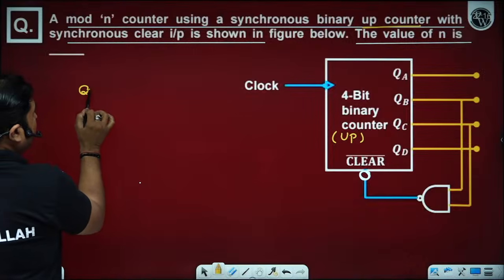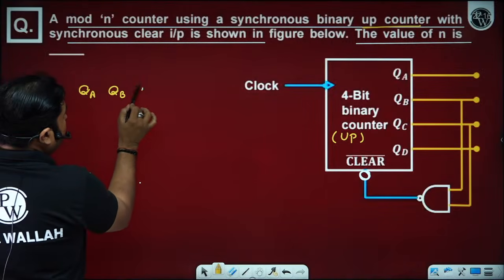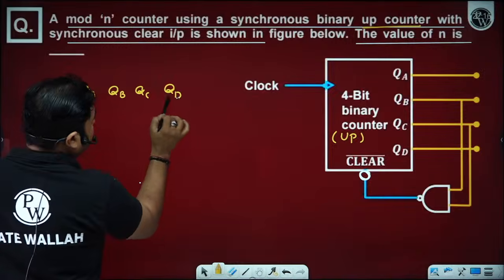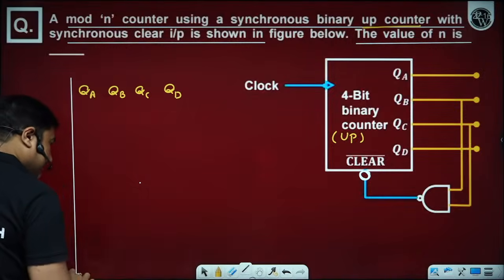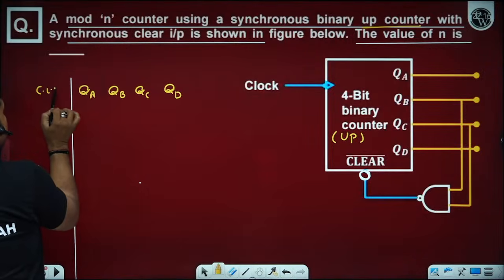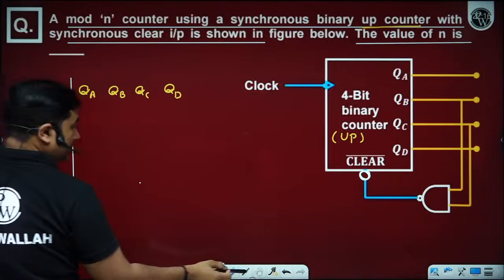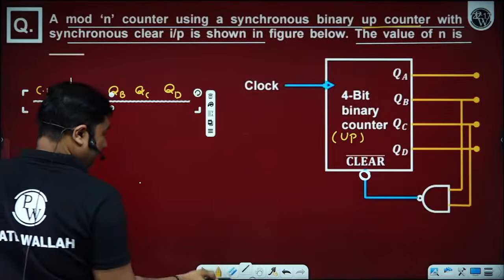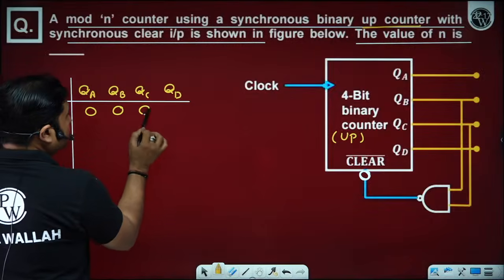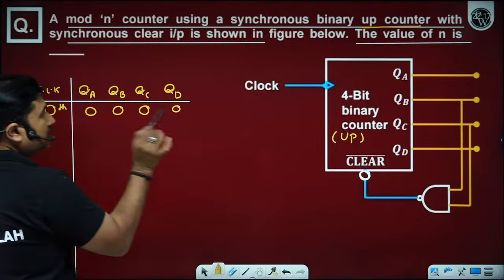So we have QA, QB, QC and QD, and the initial state is 0 0 0 0. On the 0th clock pulse, the state of all the flip-flops is 0 0 0 0.